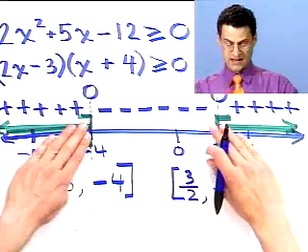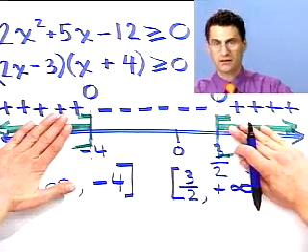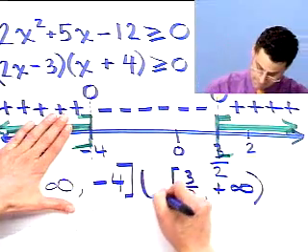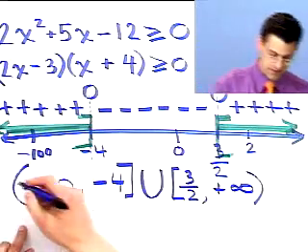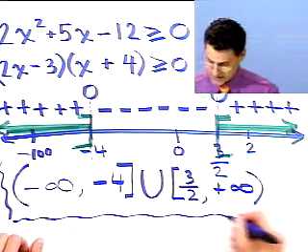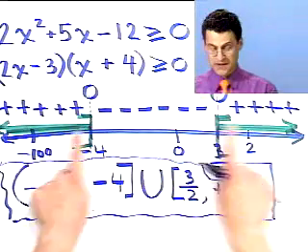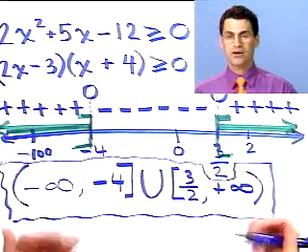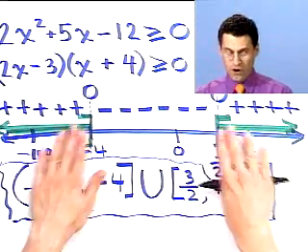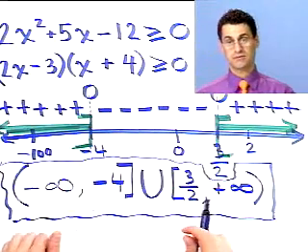And then, since I'm taking one or the other, I take their union. So this is how to write the answer in interval notation. And this is how to write the answer sort of graphically. But notice all that's happening here is I'm finding all the values for x which make that positive.